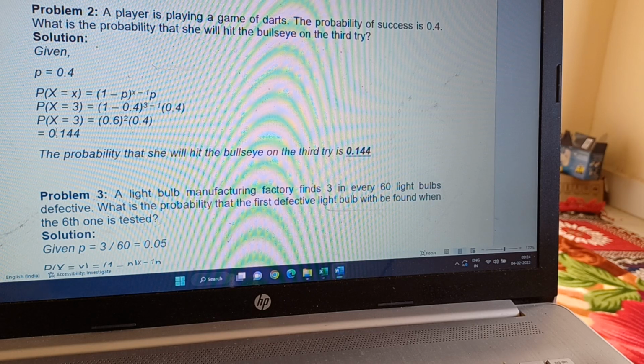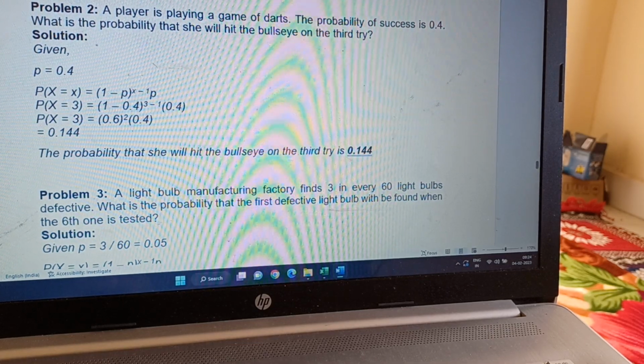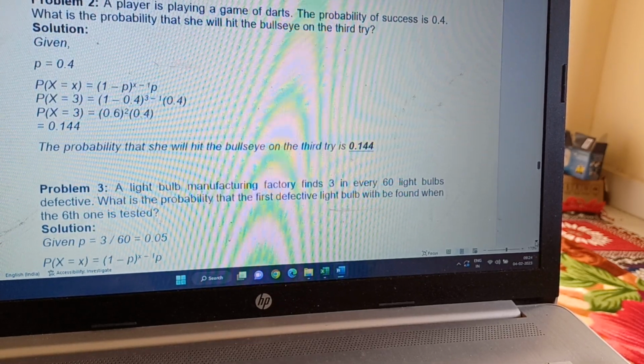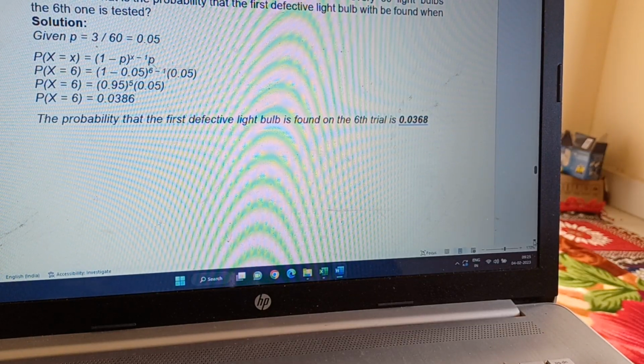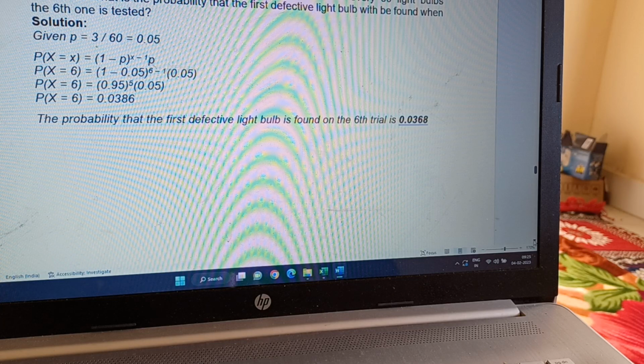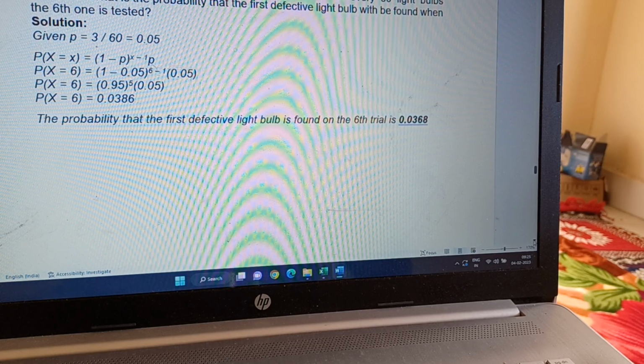Now I go to the next example, and the next example is about a light bulb. A light bulb manufacturing factory finds that 3 in every 60 light bulbs are defective. So what is the probability? 3 by 60, because 3 are defective, the probability of a defective bulb is 3 by 60. What is the probability that the first defective light bulb will be found when the 6th one is selected?